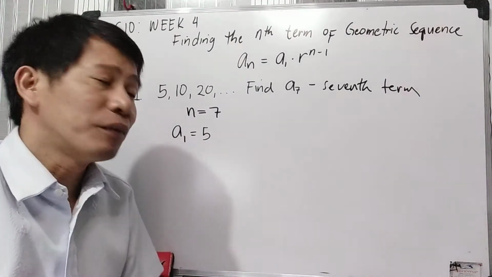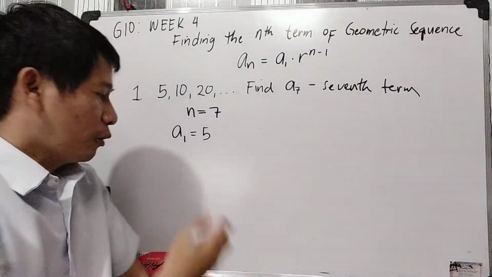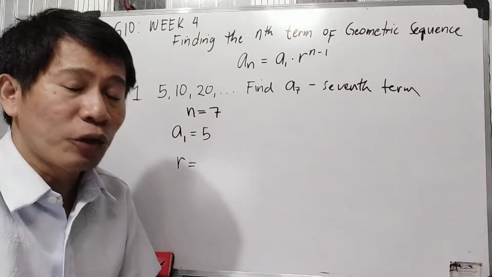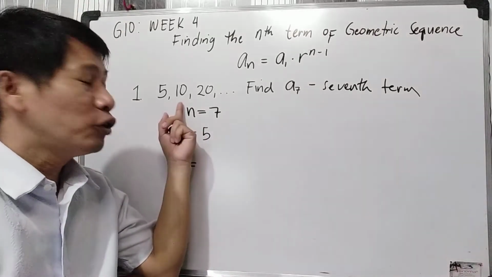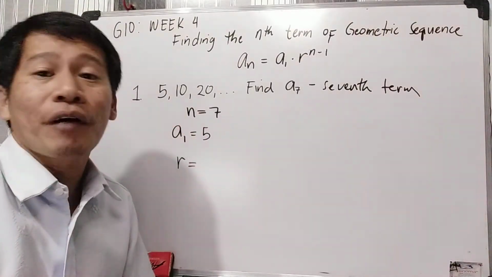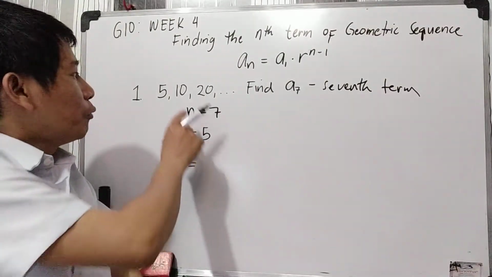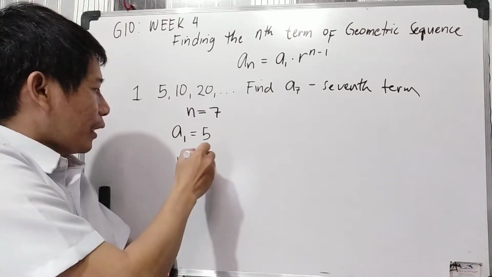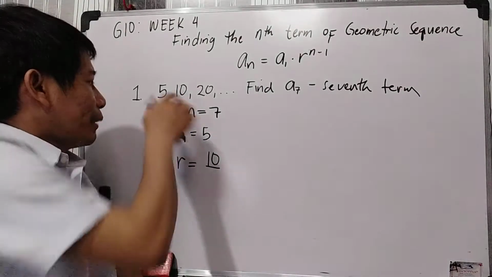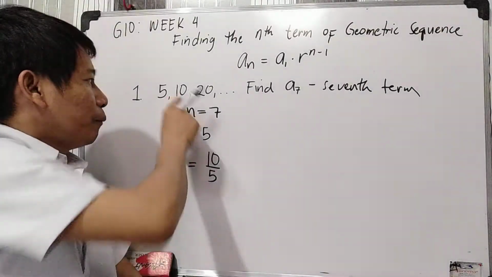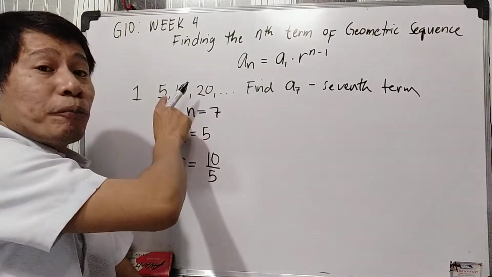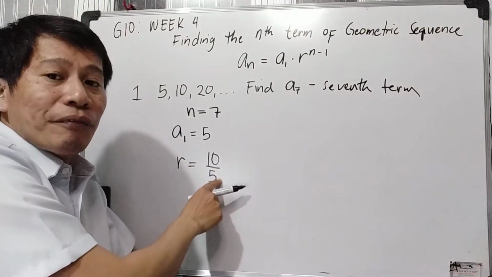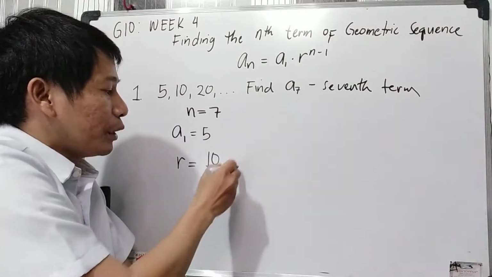What else do we need? We need the common ratio, or r. We need to compute our r, the common ratio in the given geometric sequence. How are we going to find that common ratio? We will just divide this 10 by 5, so we have the next term divided by the previous term. 10 divided by 5, the answer is simply 2.